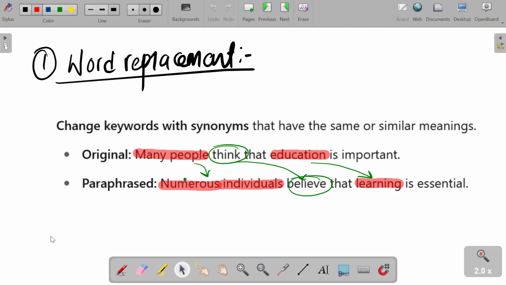When it's paraphrased, in place of many, it's written numerous. Instead of people, we have individuals. Instead of education, we have learning. And instead of think, we have belief. So this is one of the simplest ways of paraphrasing the question, where you just change the keywords with their synonyms.